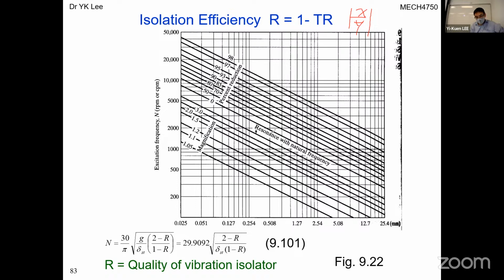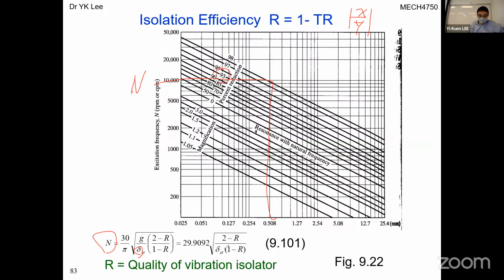Of course, this is versus the frequency ratio. So we need to think about how to come up with a feasible design. Once you have a certain driving frequency, operation frequency, and we specify the vibration amplitude, and then the quality of the vibration isolator, you can see this really depends on these three parameters.